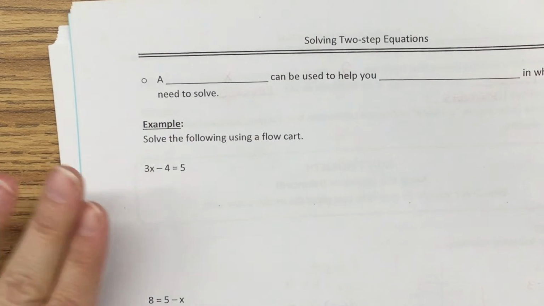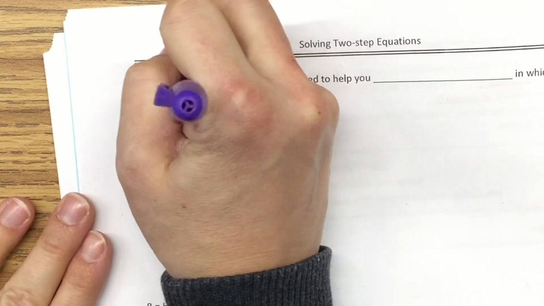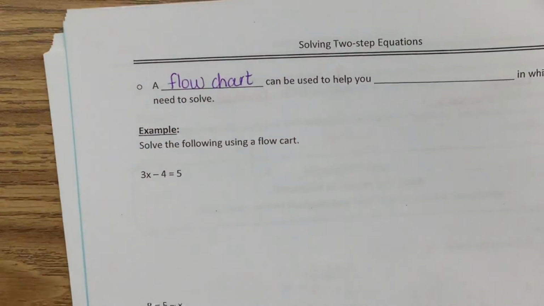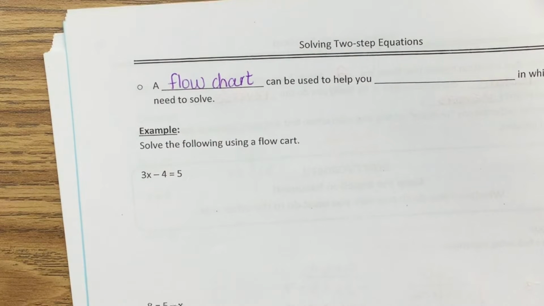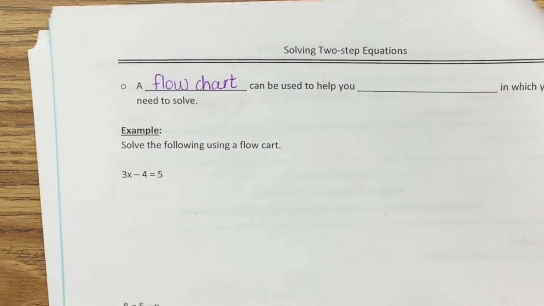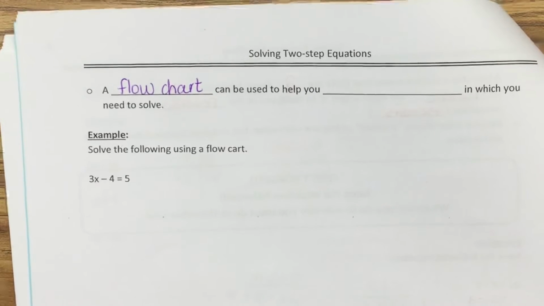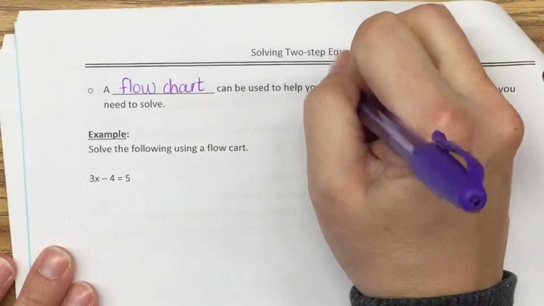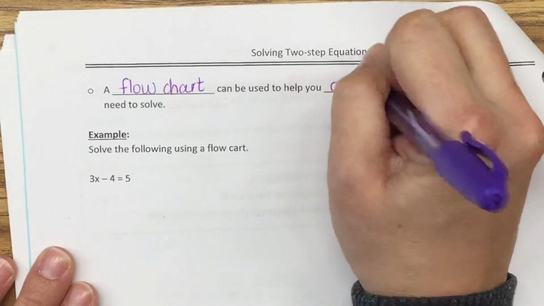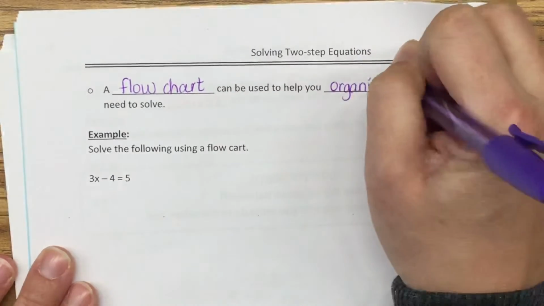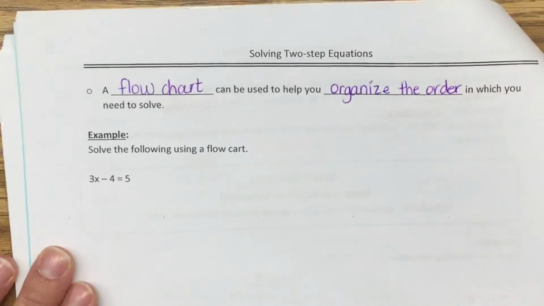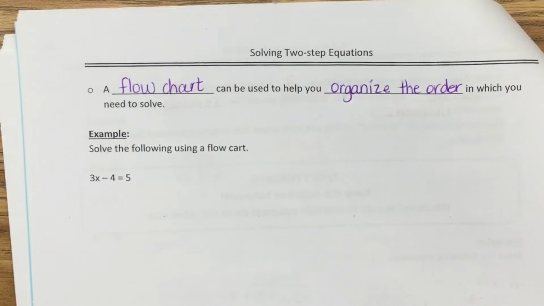Okay, next one, a flow chart, which is what we're already doing. We do that construct and deconstruct table. Okay, that's the same thing we're already doing, okay? So flow chart can be used to help you organize the order in which you need to solve.